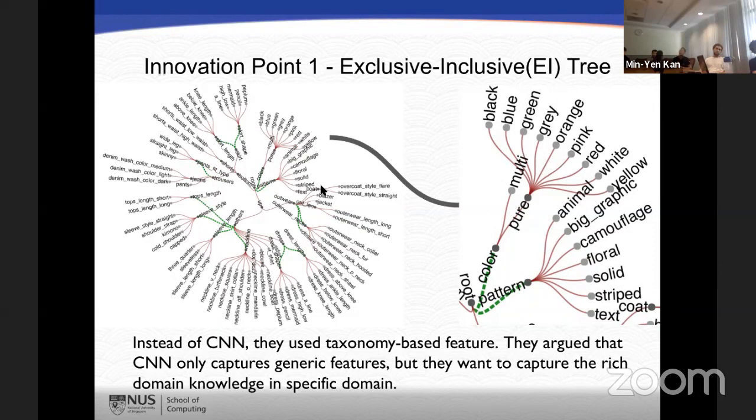Yes, I understand. But then, like Huang was saying, you can do loss computation on that, right? You can say you recommended a dress that was green and long rather than a dress that was blue and long, or a blue dress that was short. So this would have different losses.